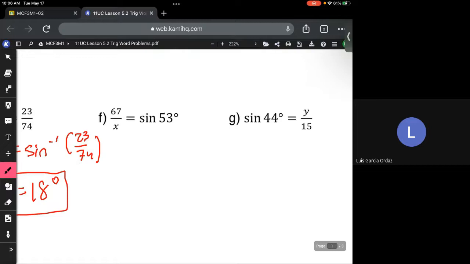Now for F, we have 67 over x is equal to sine 53. So all you're doing for this one is switching x and sine 53. You got 18 point what? 83.9. Okay, that's fine.